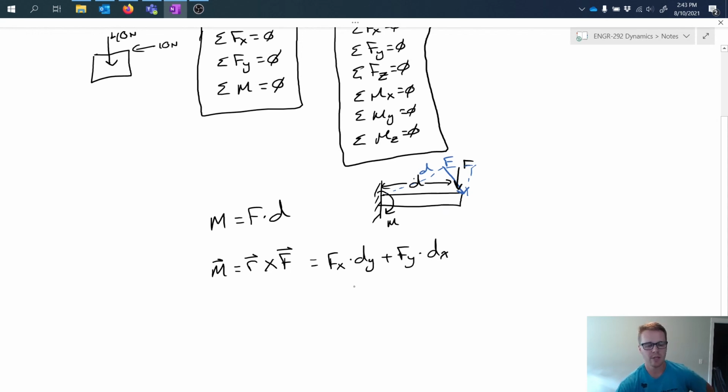So that allows me to break it down and still calculate a resulting moment, even if my geometry isn't nice and perpendicular in all circumstances.